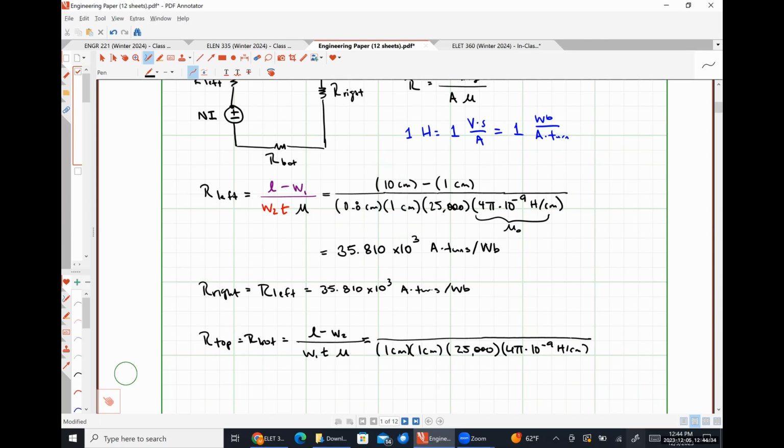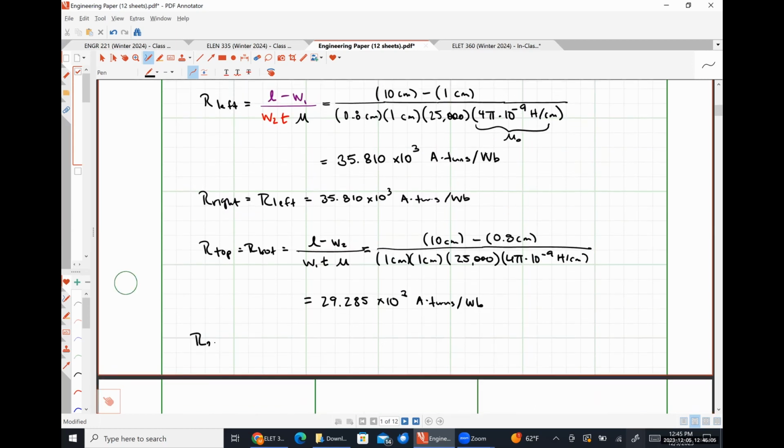Up here in the numerator, we're going to have 10 centimeters minus 0.8 centimeters. And so this is going to come out to be 29.285 times 10 to the 3 amp turns per Weber.